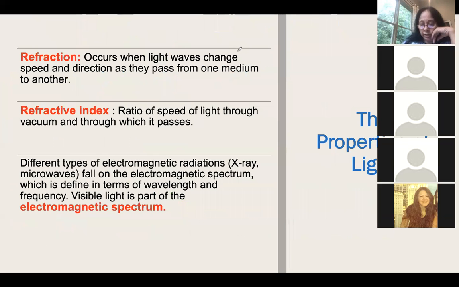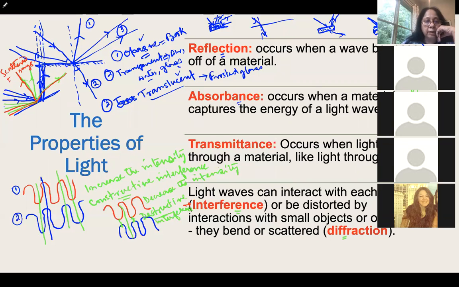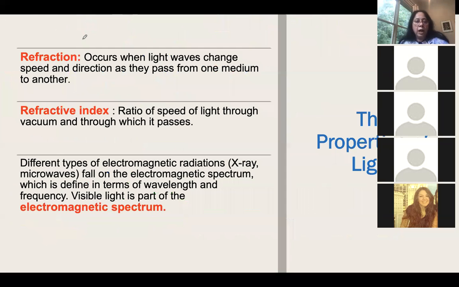In that case, light is coming from the air, falling on almost the same category of surface, and it is going back to the same media, which is air, or maybe water to water, glass to glass, like that.